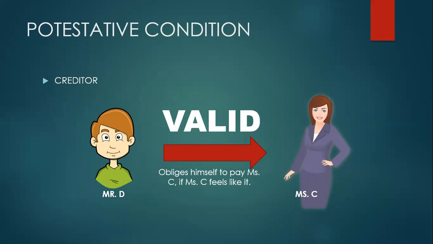On the other hand, if the potestative condition is dependent upon the will of the creditor, in the given example, Mr. D obliges himself to pay Miss C if Miss C feels like it, then the law says that the obligation is valid.